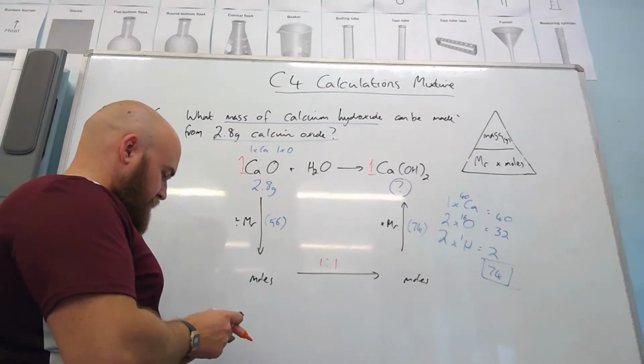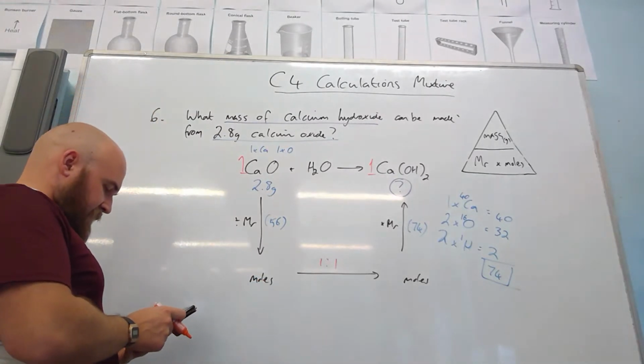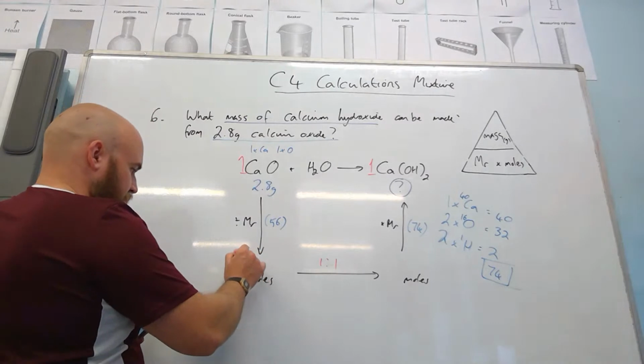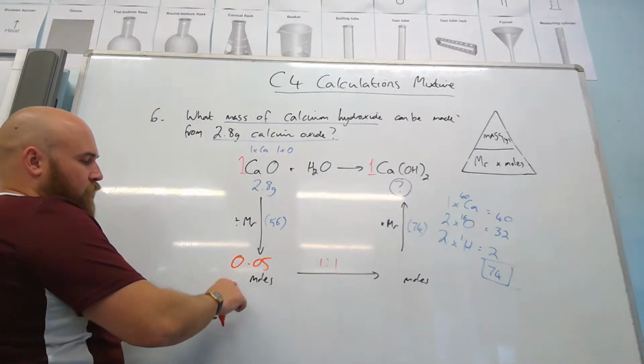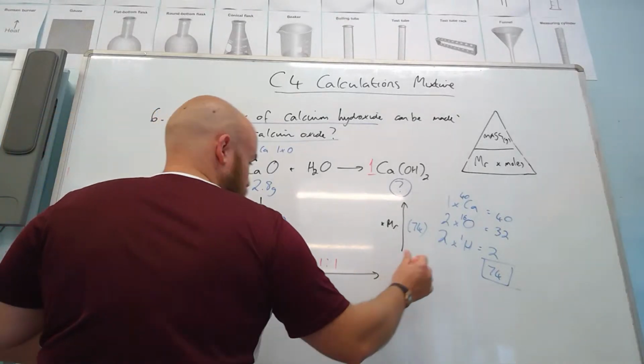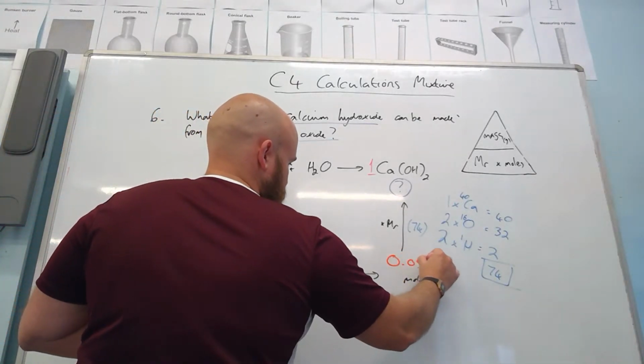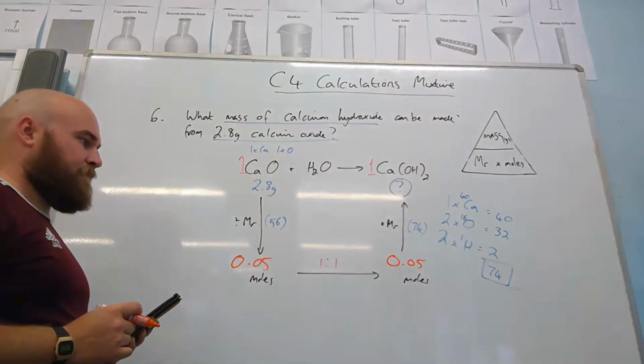Right. So then, 2.8 divided by 56, 0.05 moles. It's a 1-to-1 ratio. So if I've got 0.05 moles here, 1-to-1 ratio, 0.05 moles there.